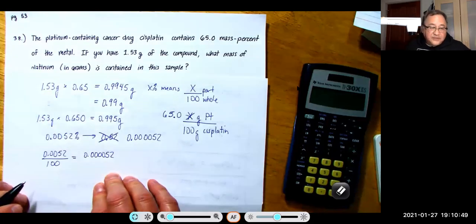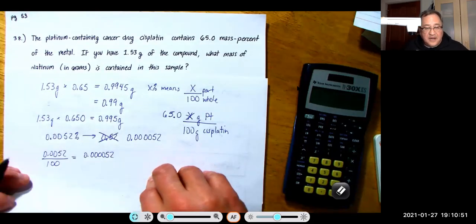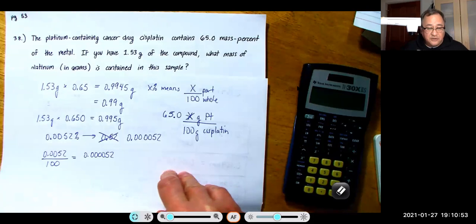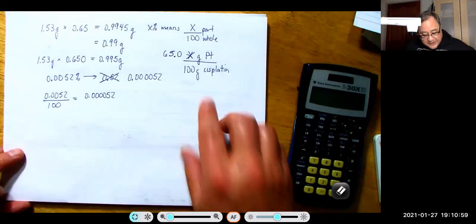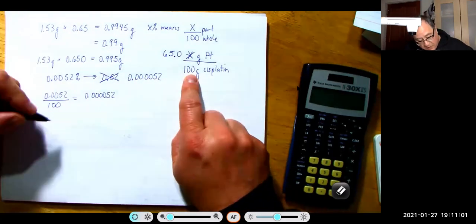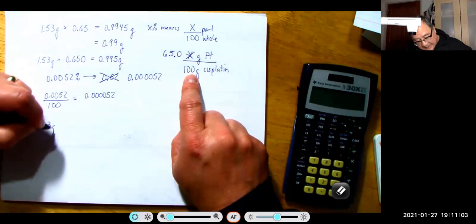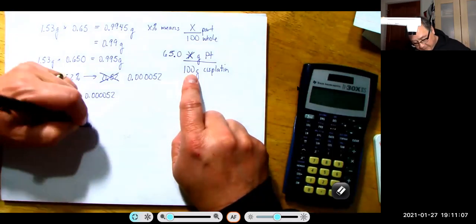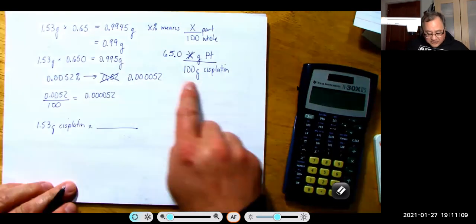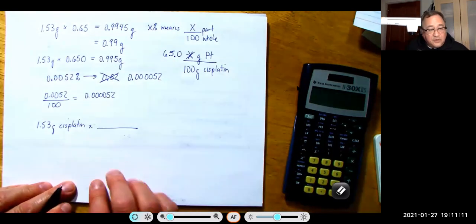So that's the real reason why you move the decimal to the left, not because that's what you were taught to do, but because you're dividing by 100. So let's use this and this 1.53 grams of cisplatin. And let's use this fraction here to solve this equation.